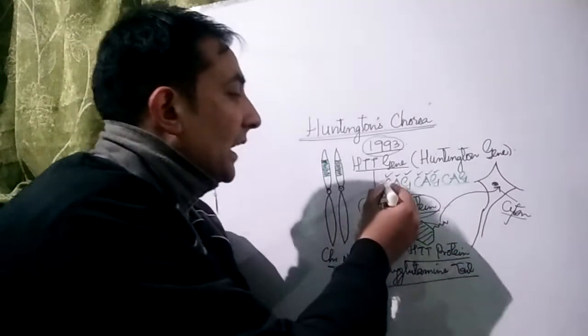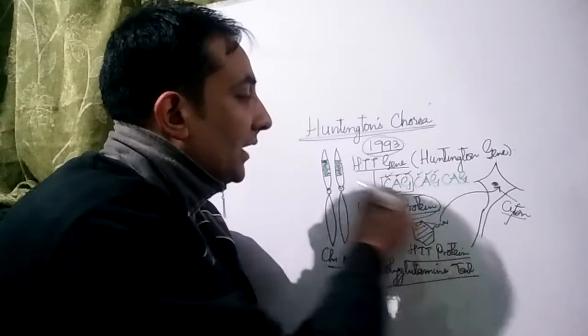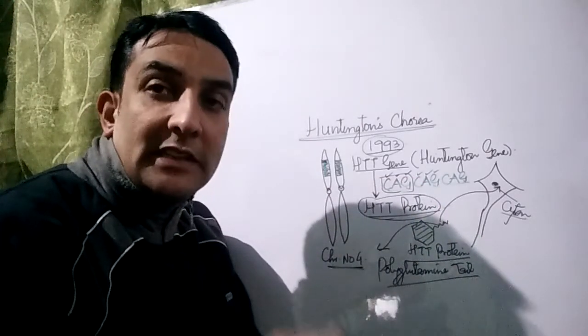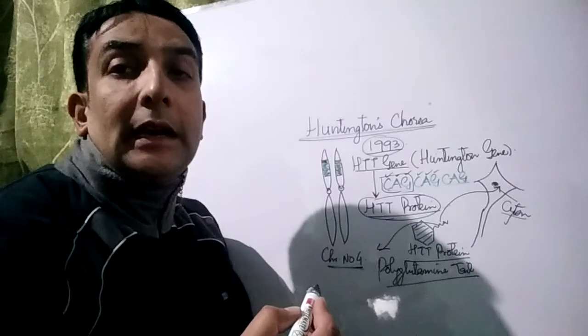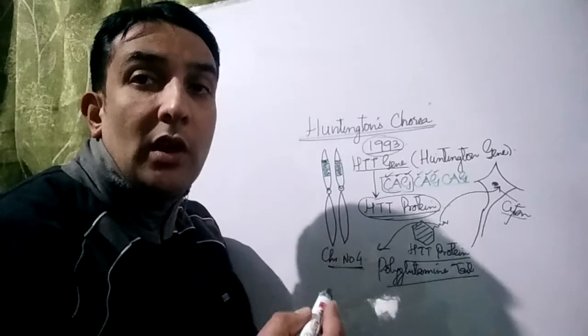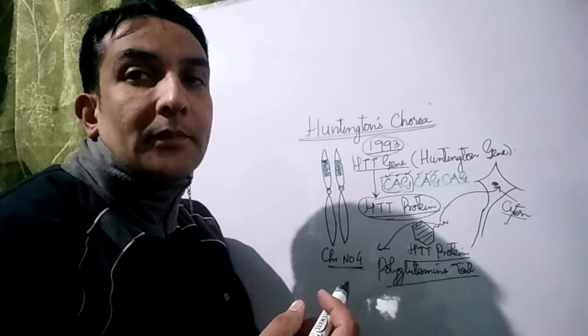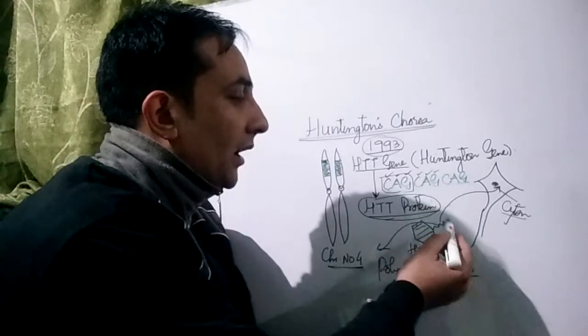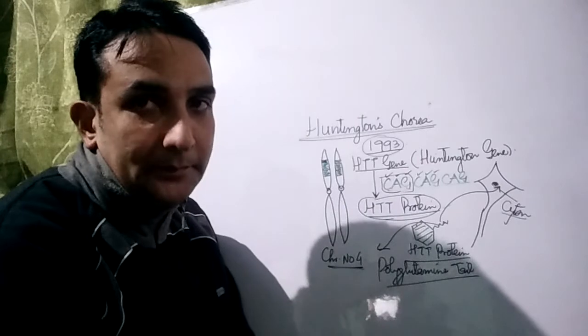Now, as the CAG, you see this codon CAG upon messenger RNA, it codes for glutamine. So it is present 20 times in this HTT gene. So 20 such amino acids will be present in this polyglutamine tail of the HTT protein.